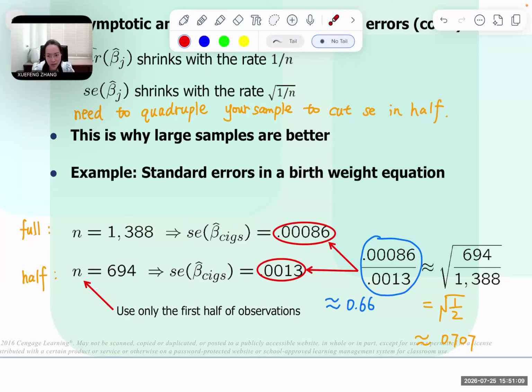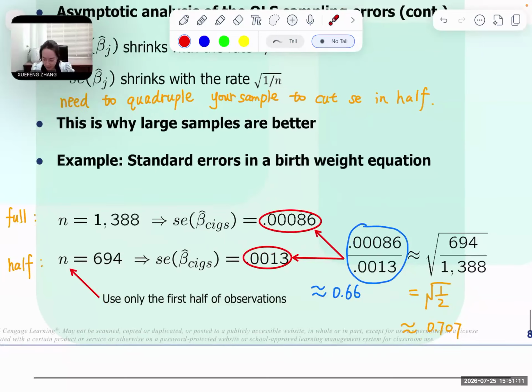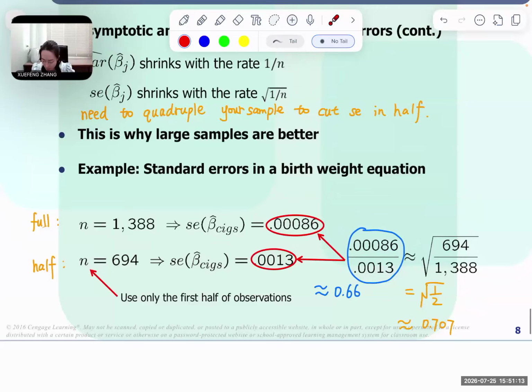All right, so let me finish this chapter. Halving your sample size doesn't just add noise.